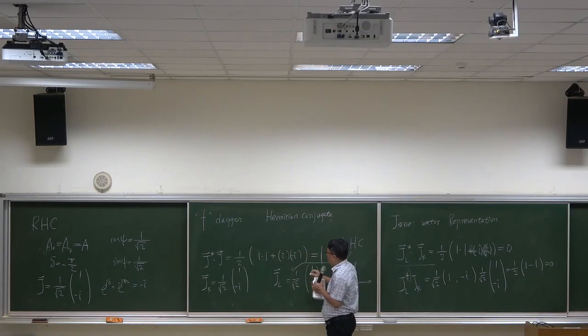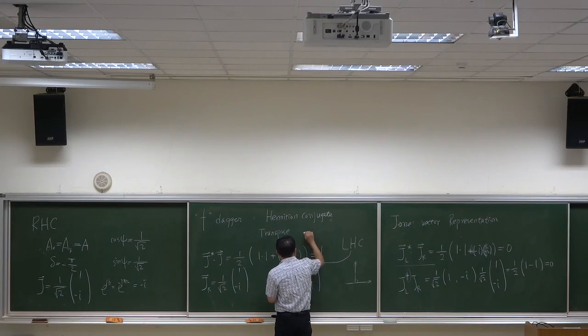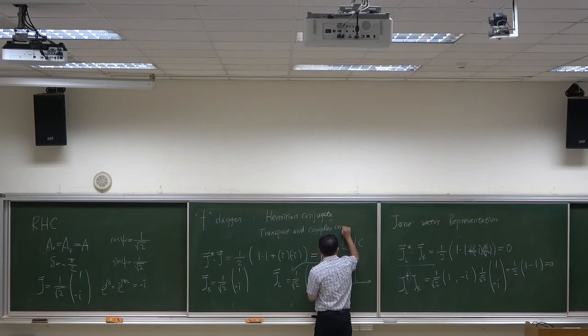Hermitian conjugate means transpose and complex conjugate.